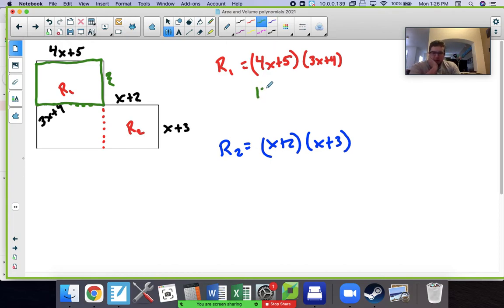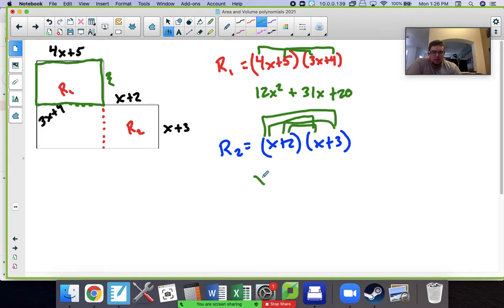Multiply these, so I get 12x squared plus, let's do this in one big, so that's 16x, that's 15x, so that's 31x total. 5 times 4 gives us 20. Do the same thing for rectangle number 2. I get x squared plus 5x plus 6.